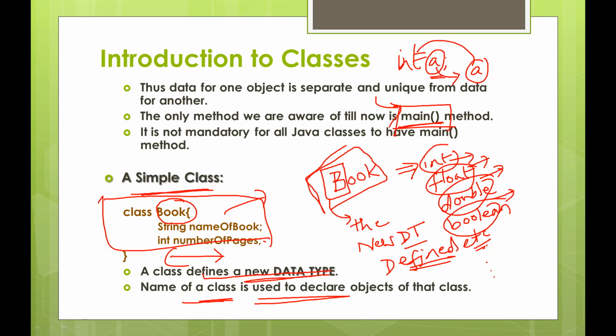We already know any variable that we declare in Java needs to be associated with a data type, because Java is a strongly typed language. There are languages where you may not have to define your data type.